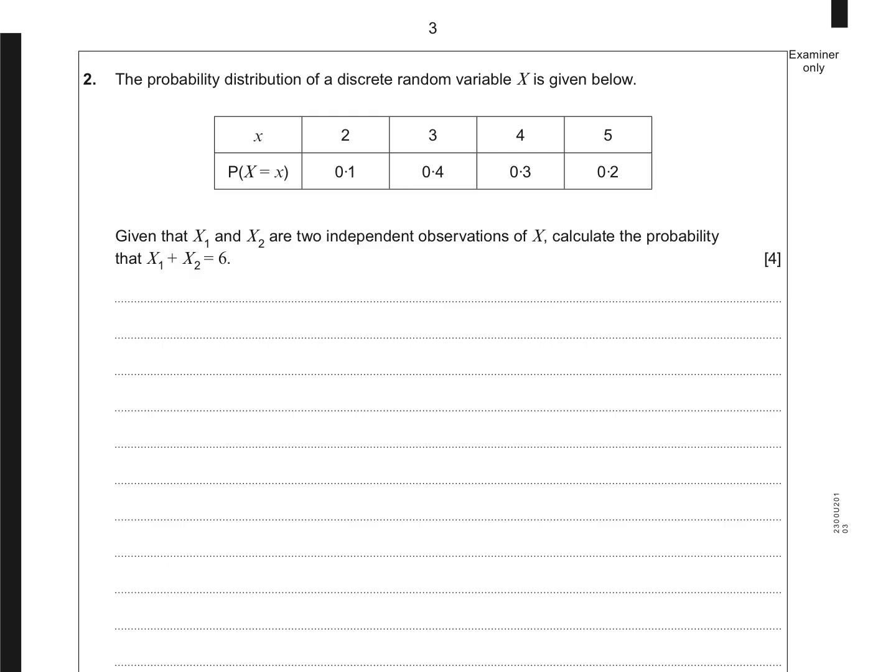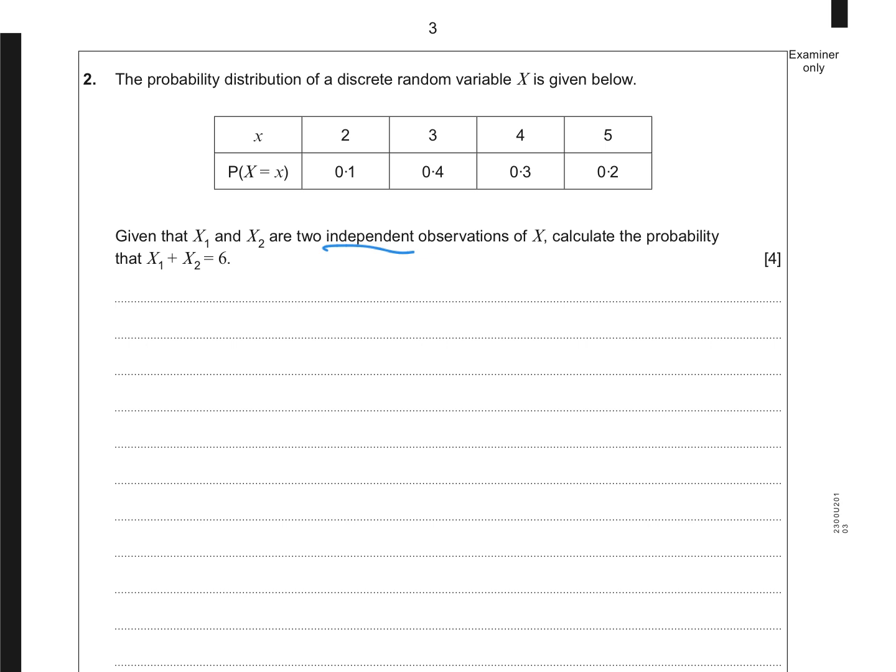It's really important here to note that observations are independent from one another, so we suspect that there's going to be some multiplying probabilities going on here. So whatever this experiment is, we're doing it twice, and the outcomes of those are x1 and x2. Find the probability that x1 plus x2 is equal to 6.